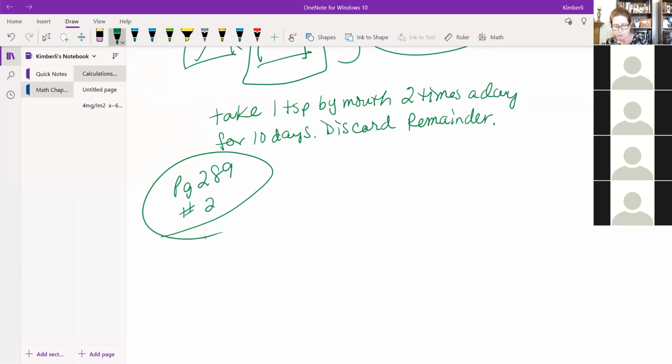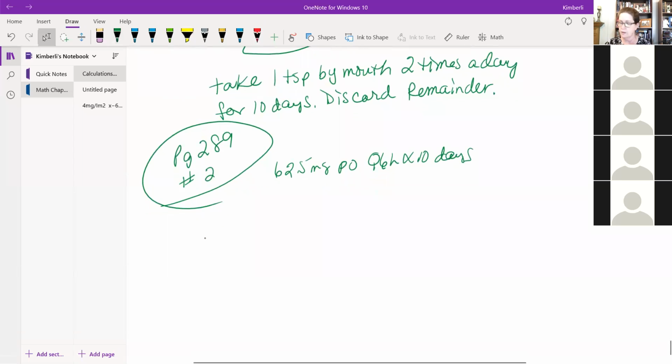A prescription prescribes Keflex cephalexin oral suspension 62.5 milligrams PO Q6H times 10 days. So they want, let's look at this, 62.5 milligrams PO Q6H times 10 days. Let's calculate how many they would need for the entire course of therapy.